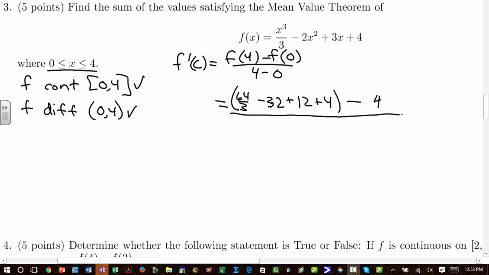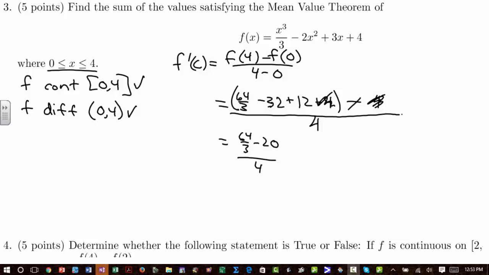And we're going to divide all of this by 4. So this 4 and this 4 cancel. Negative 32 plus 12 is negative 20. So we have 64 thirds minus 20 all over 4.